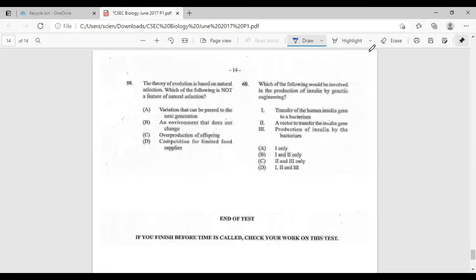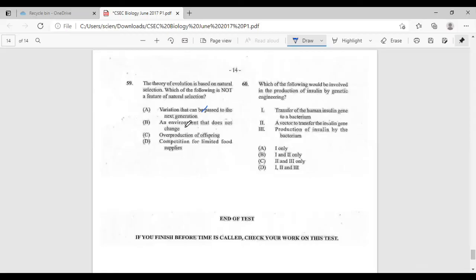So now they're asking us which of the following is not a feature of natural selection. So we have A, variation that can be passed to the next generation. So that's a feature. All right, a variation has to do with changes. So these are changes that can be passed. All right. B, an environment that does not change.